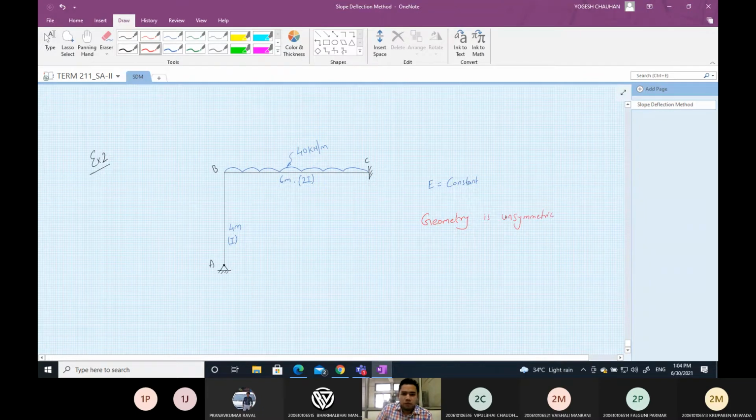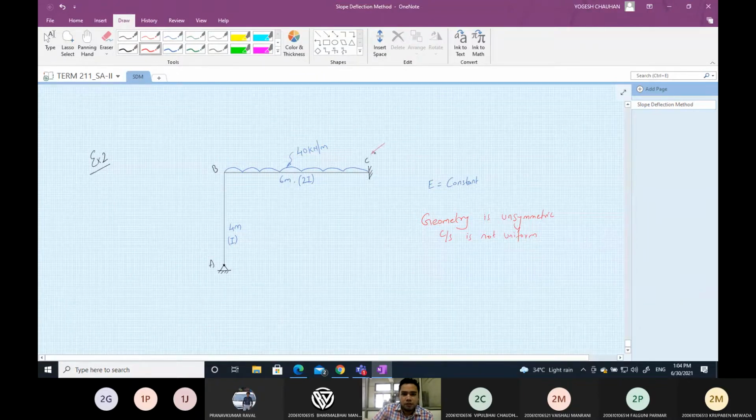Even the cross section of the members is not uniform.